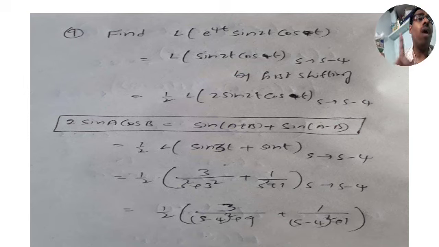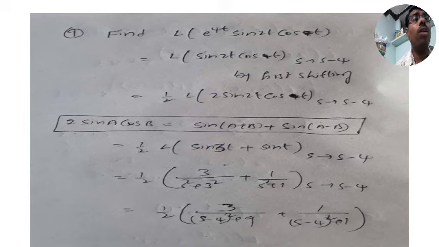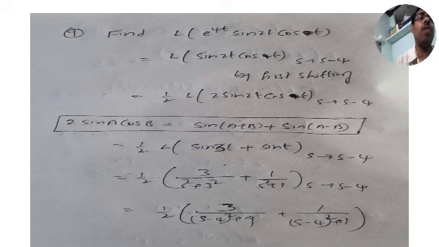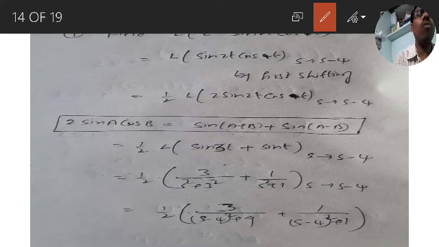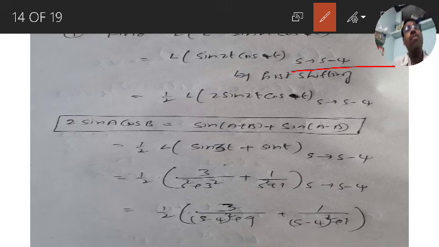Among them one is exponential, e power 4t. If it is multiplied by e power at, then replace s by s minus a. That is our first shifting theorem. Now it is multiplied by e power 4t, therefore replace s by s minus 4 by the first shifting theorem.